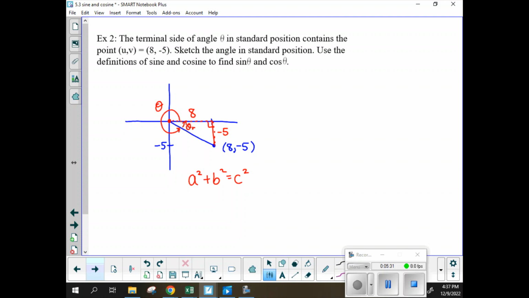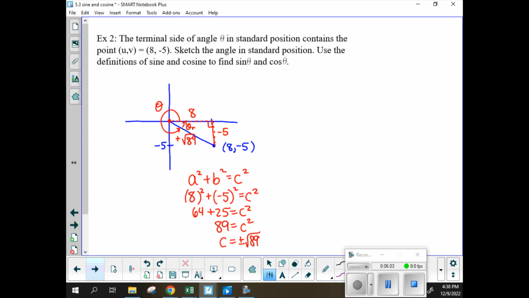But if I write this properly, I'm looking at something like 8 squared plus negative 5 squared equals c squared, or 64 plus 25 equals c squared. So c is equal to plus or minus the square root of 89. However, we've mentioned this already, the hypotenuse is always positive. So we're going to choose positive square root of 89.